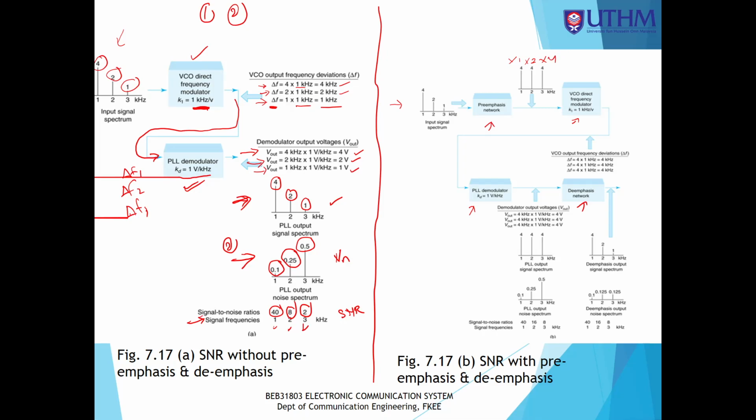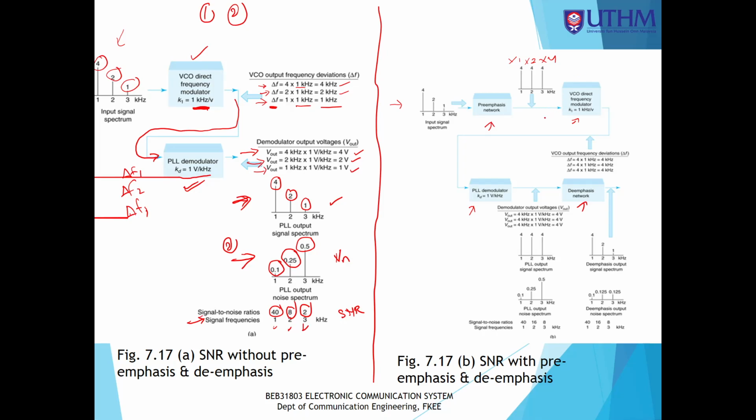So 4 volt multiplied with 1, 2 volt multiplied with 2, and 1 volt multiplied with 4. The multiplication rate is not given in the question. This example shows you that pre-emphasis increases the amplitude for the higher modulating signal frequencies.